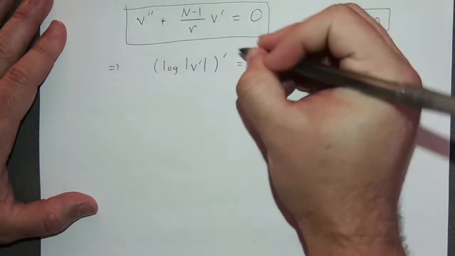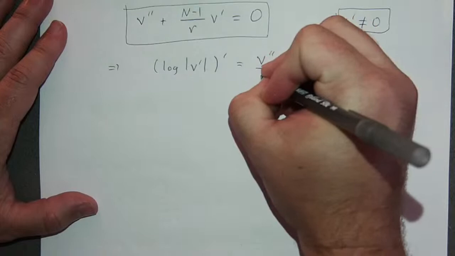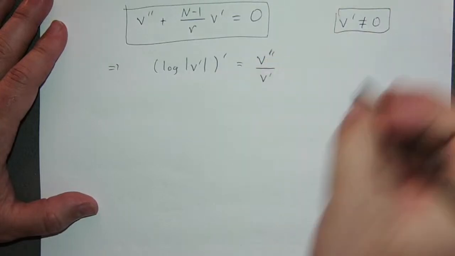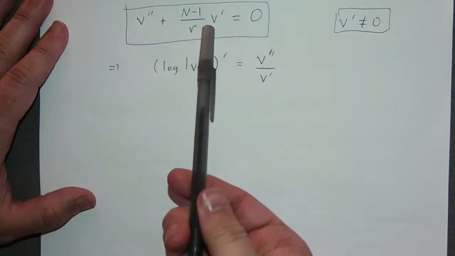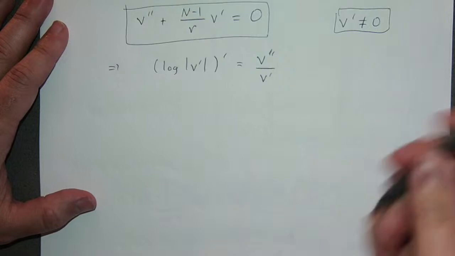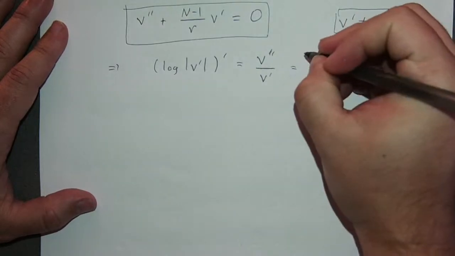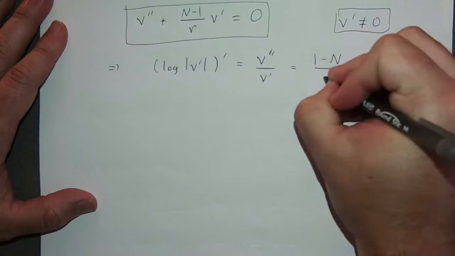This expression is v double prime over v prime. I can divide by v prime because it's non-zero here, and that has to be, by this equation, minus n minus 1 over r, which is 1 minus n over r.